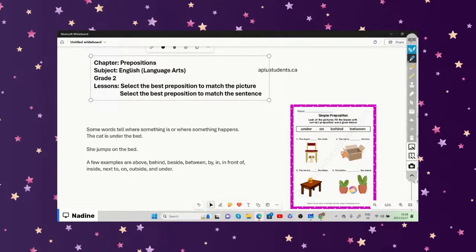So now you need to ask yourself, where is the cat? And we can say the cat is under the bed. So under tells us where the cat is, and that is our preposition.